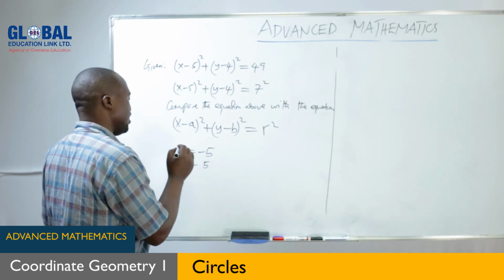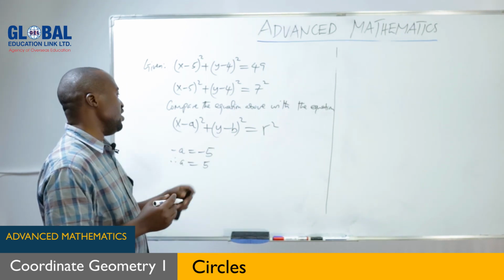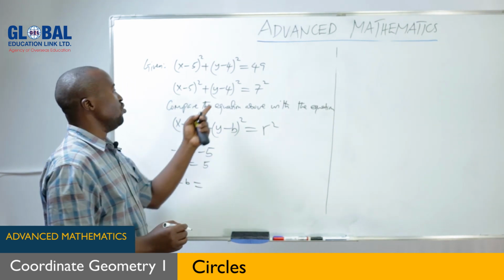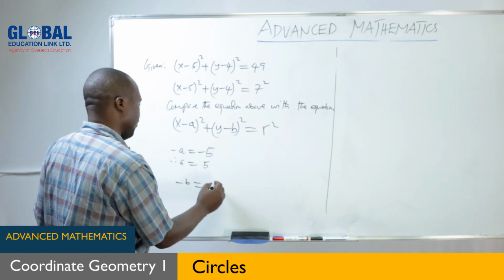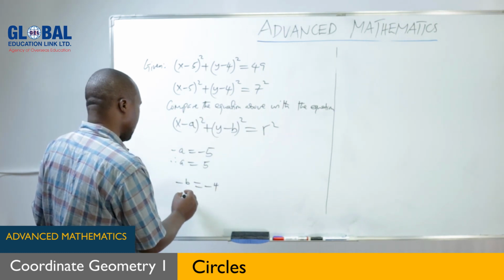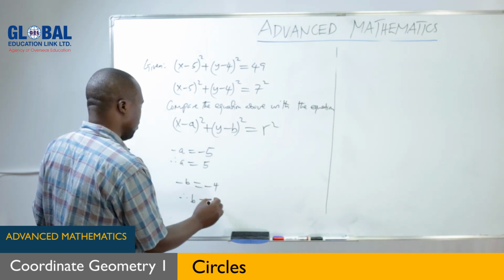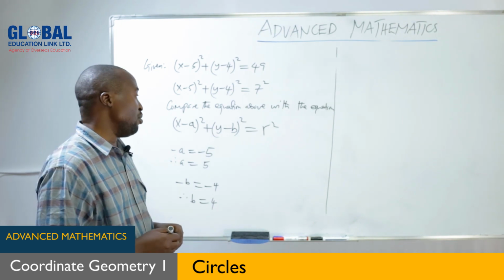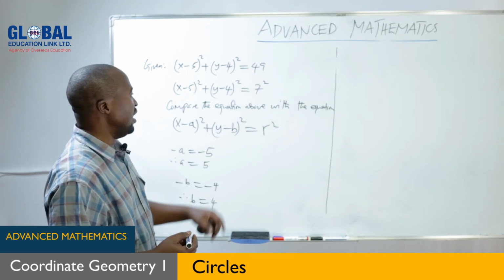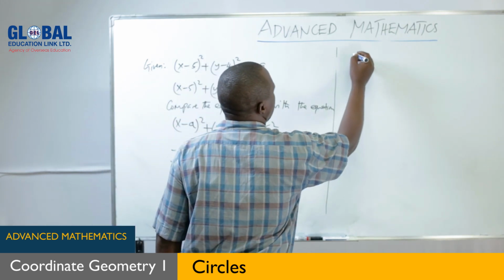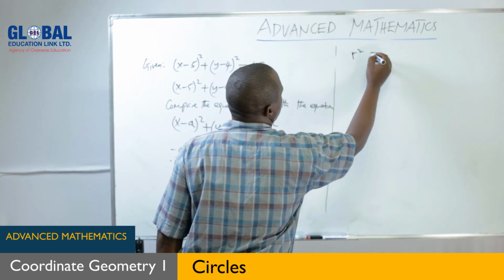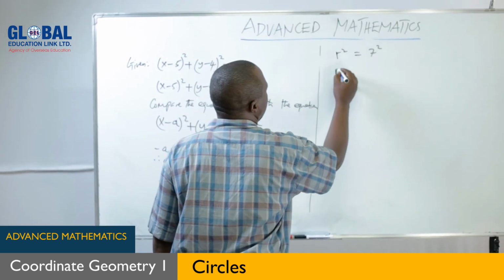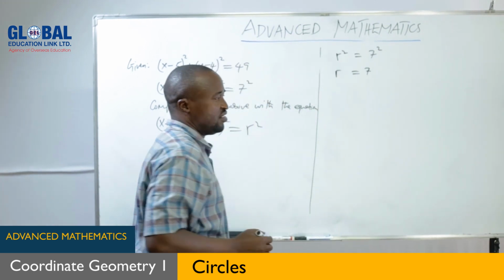We can do the same for b: negative b is equal to negative 4, so the value of b is positive 4, because a negative divided by a negative is a positive. Again, r squared is equal to 7 squared, so r is equal to 7.